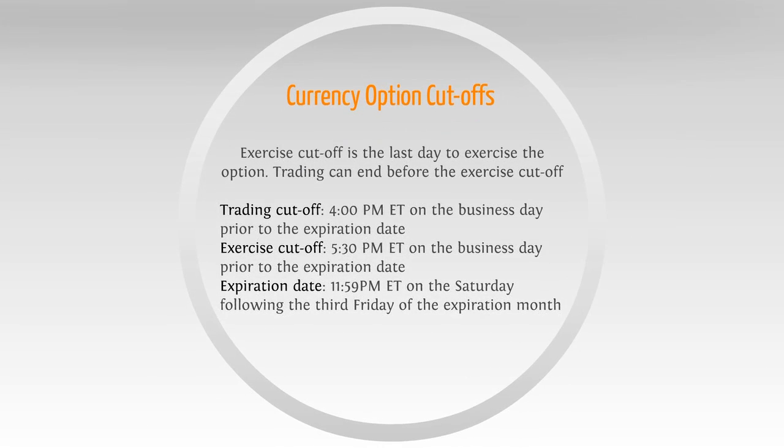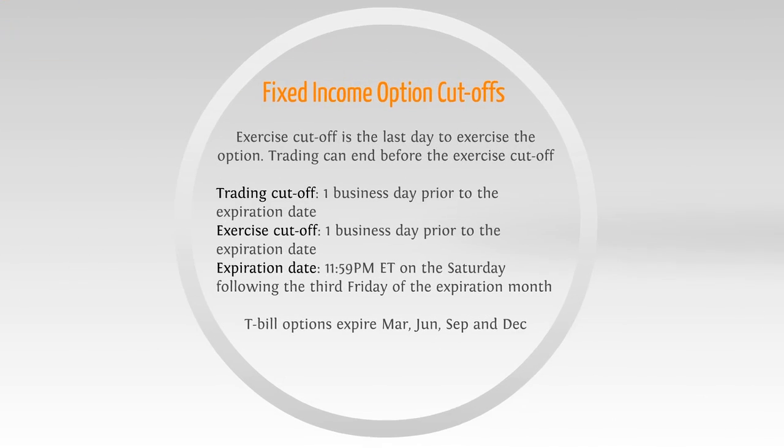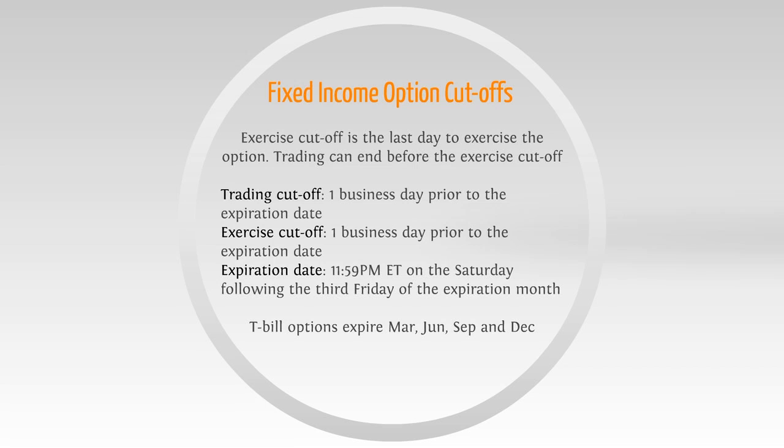For currency options, again, we have something similar on the business day prior to the expiration date. We have a 4 o'clock and 5:30 for the exercise cutoff, and just before midnight on the Saturday following the third Friday of the expiration month for currency options. We also have fixed income option cutoffs, and these are a little bit different.